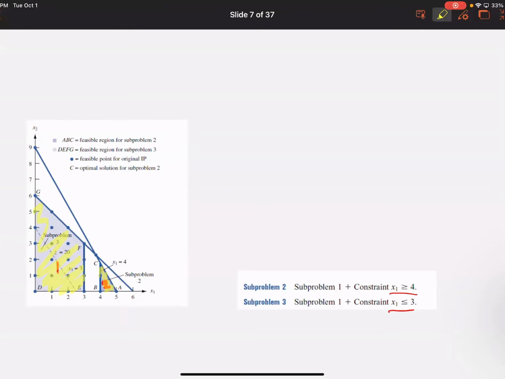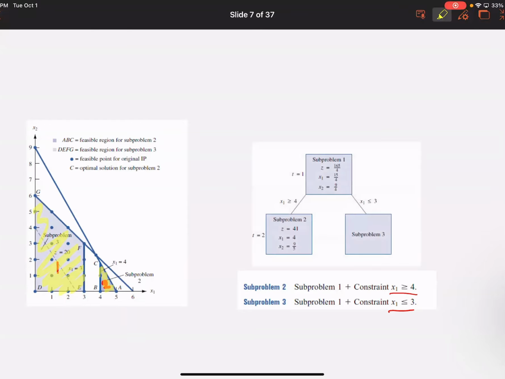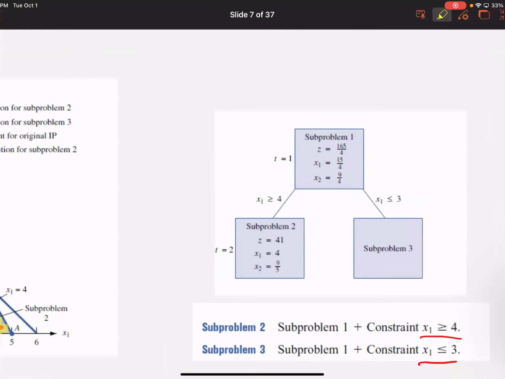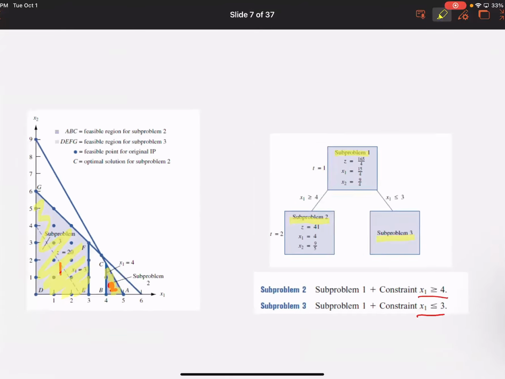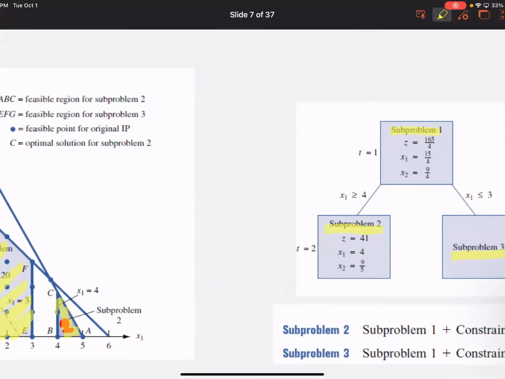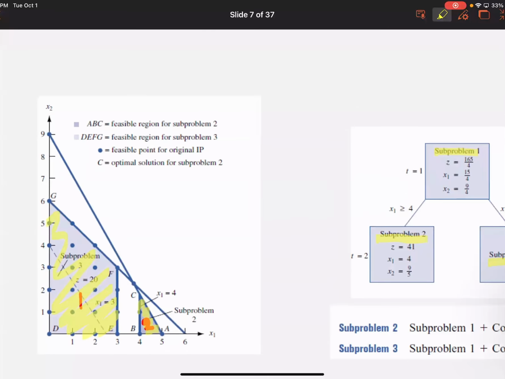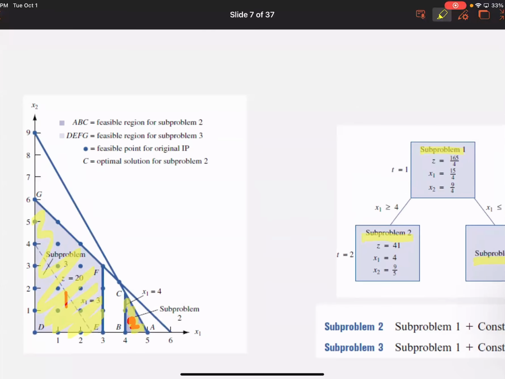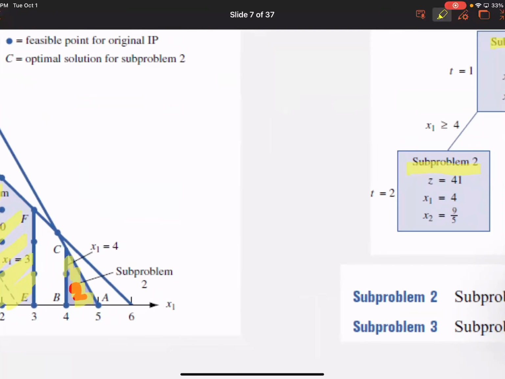Basically I have two optimization problems to solve, and I solve each. This was the original answer that we found, the LP relaxation. Now for subproblem 2, which is this triangle on the left, the optimal solution is x1 equals 4, x2 equals 9/5.